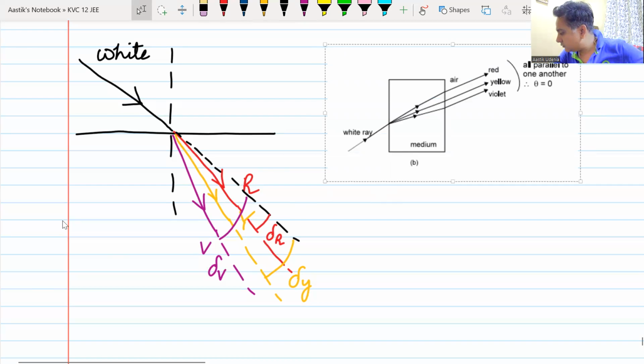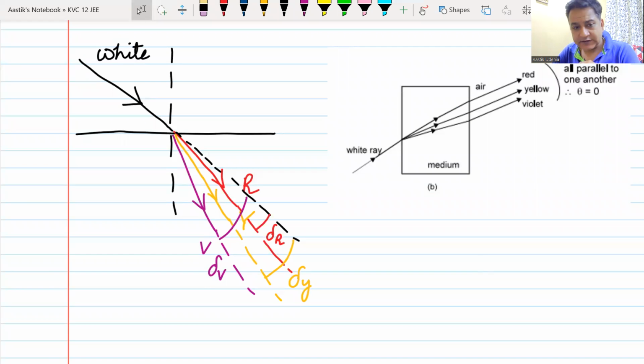Not good. Okay, have you noted down? This happens when there is one surface. Sir, can you increase the size of the image? Yes, I've done that. Don't worry. I was just doing that.